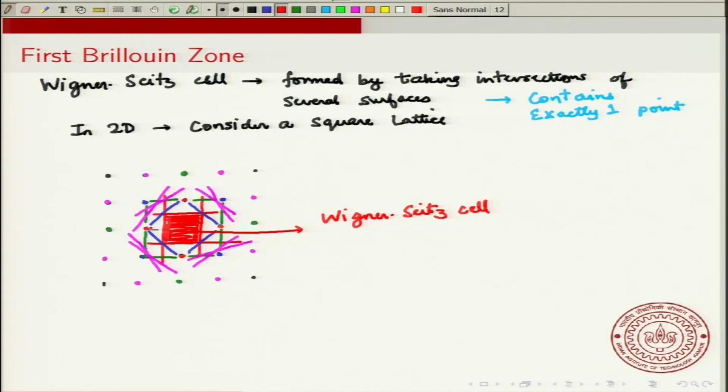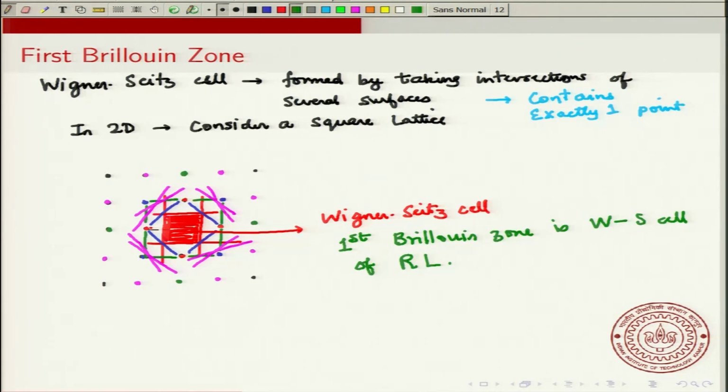The first Brillouin zone is the Wigner-Seitz cell of the reciprocal lattice.